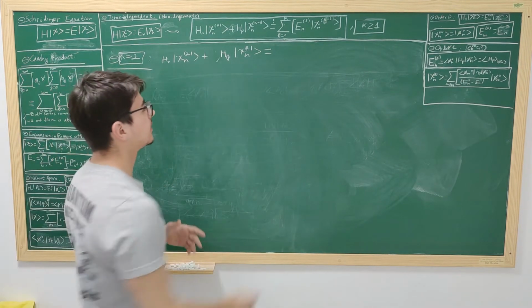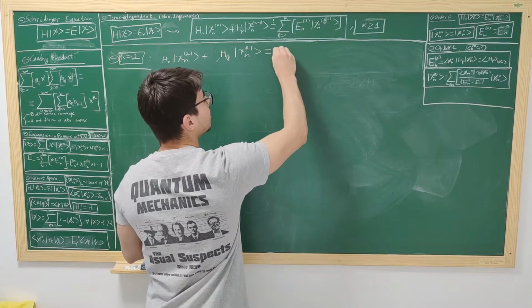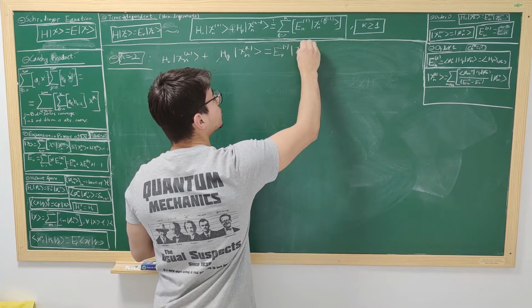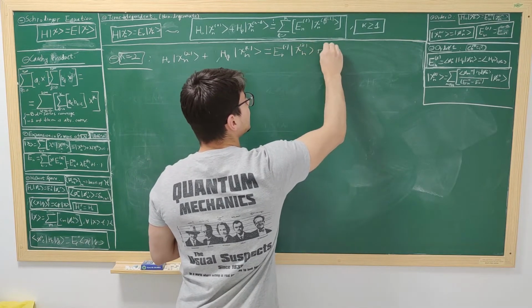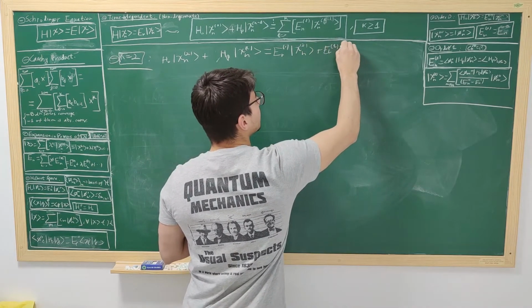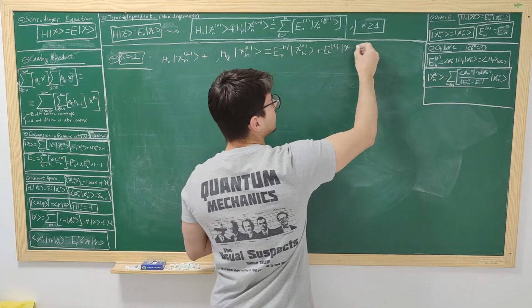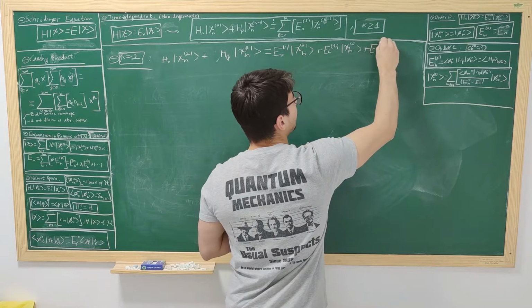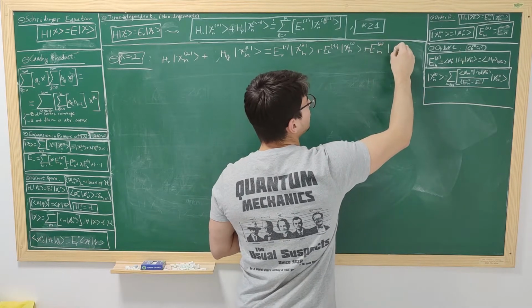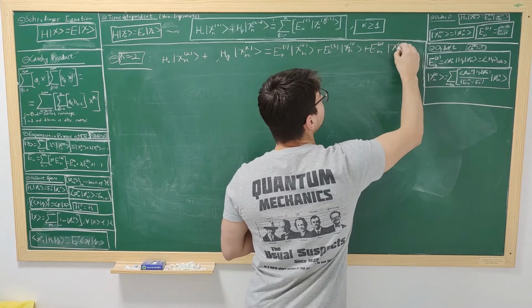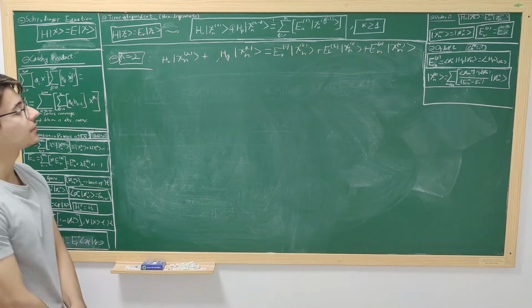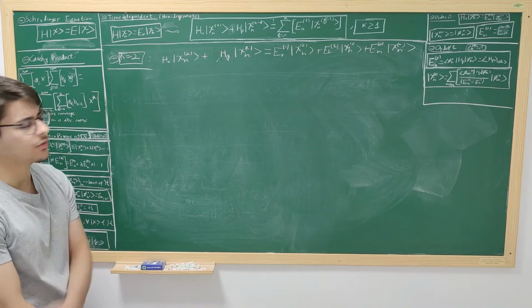If we expand it immediately, we get E n 0 with 2 minus 0, which is 2, plus E n 1 with 2 minus 1, which is 1, and E n 2 with 2 minus 2, which is 0. So this is our equation for the second order correction.